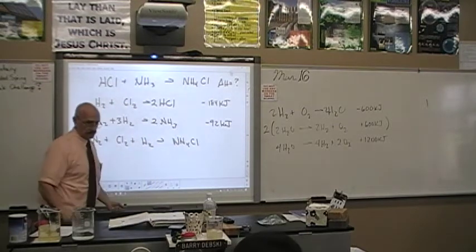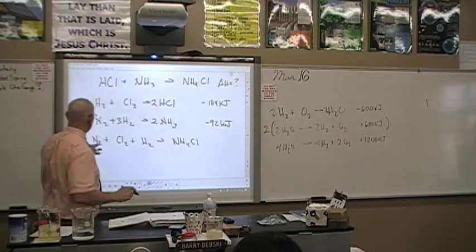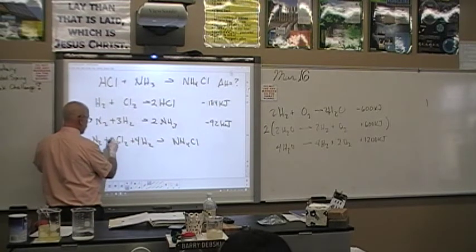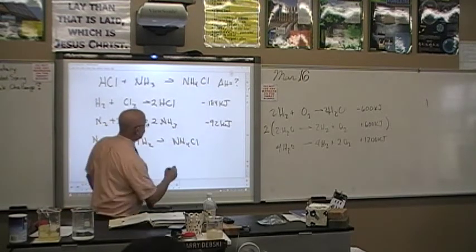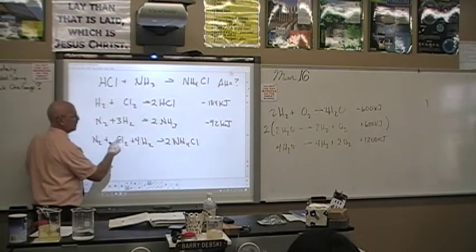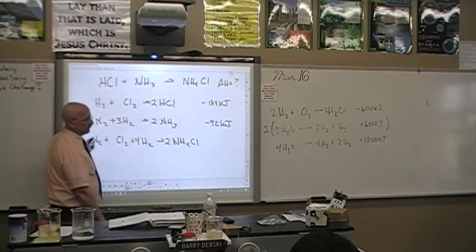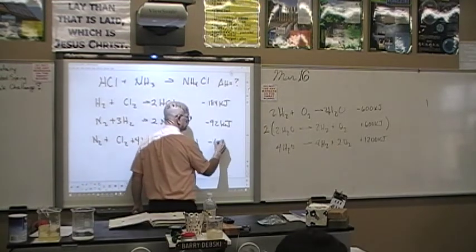I wrote this in the wrong order, so the 4 goes with the hydrogen, and the 2 goes with the nitrogen and chlorine: 2 nitrogens, 2 chlorines, 1, 4, 2. Is that right? I think I copied it right. And this one is negative 628.